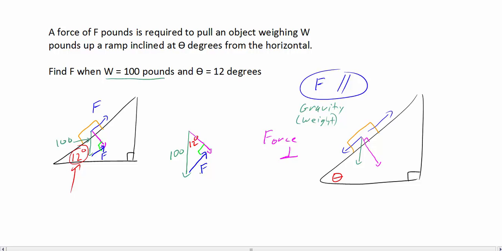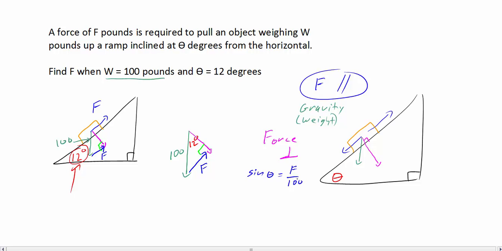If we're looking for F, we can find that using what trig function? Well, what trig function deals with opposite over hypotenuse? That would be our sine function. So sine of theta is equal to y over r. So in this case, it would be F over 100.